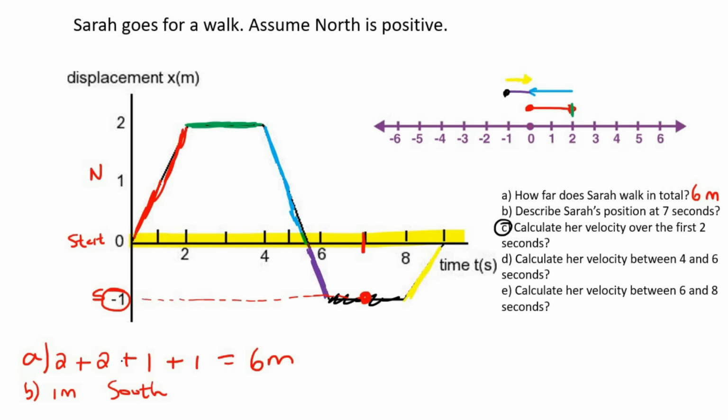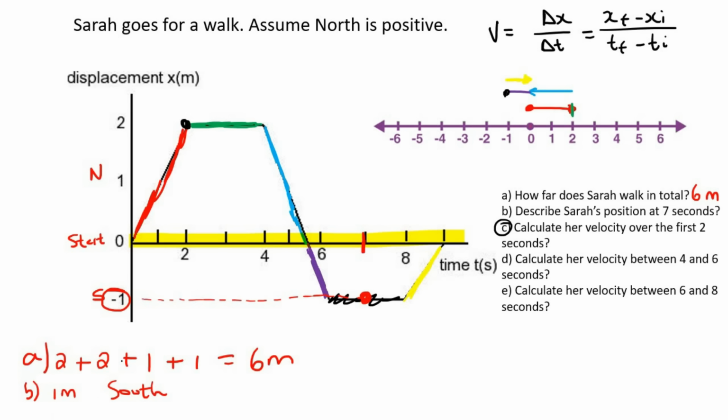This one says, calculate her velocity over the first 2 seconds. Okay, so the first 2 seconds is this part over here. We know that velocity is change in displacement over change in time, which is the final displacement minus the initial displacement over final time minus initial time.